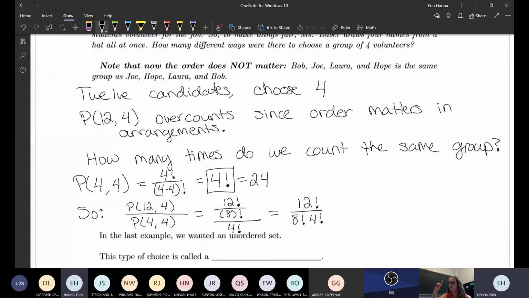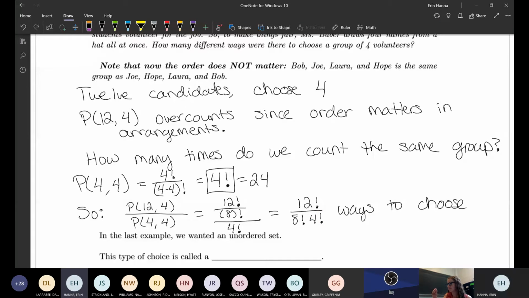If you do a little algebra, dividing by 4 factorial is the same as multiplying by 1 over 4 factorial, and then you multiply the fractions together. So there's this many ways to choose. We take the arrangement, 12 factorial divided by 8 factorial, but then we have to recognize that the arrangements are overcounting, and in this very specific situation they're overcounting by 4 factorial. So we have to divide that out.